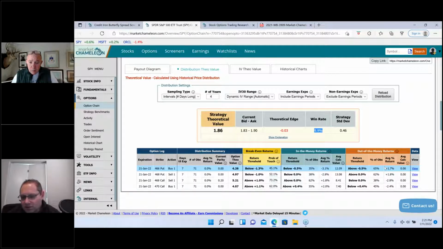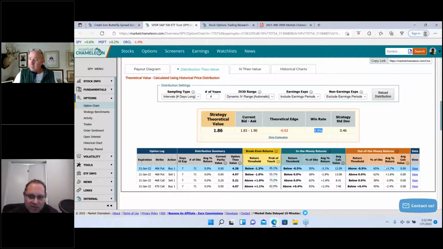So let's go to the next level and analyze it another way. That's based on how the stock moved. How is this usually priced though in the market, right? Are we priced high? Are we priced low? Are we priced right at where we should be?